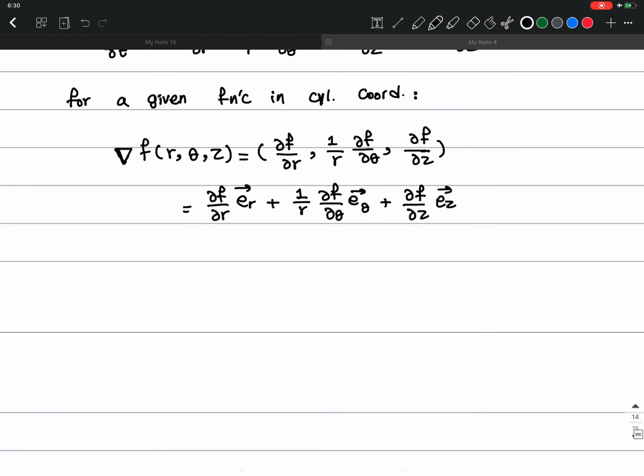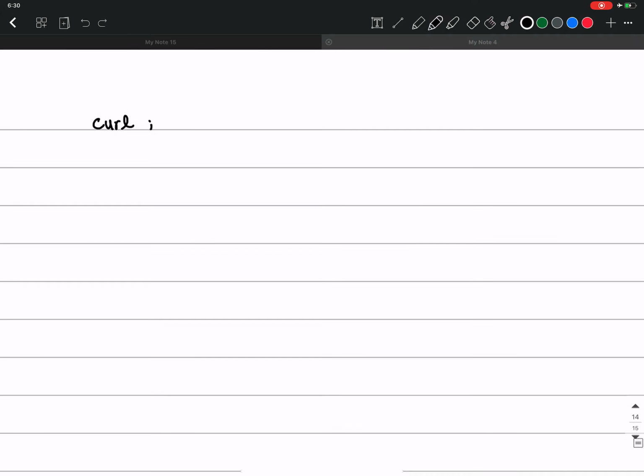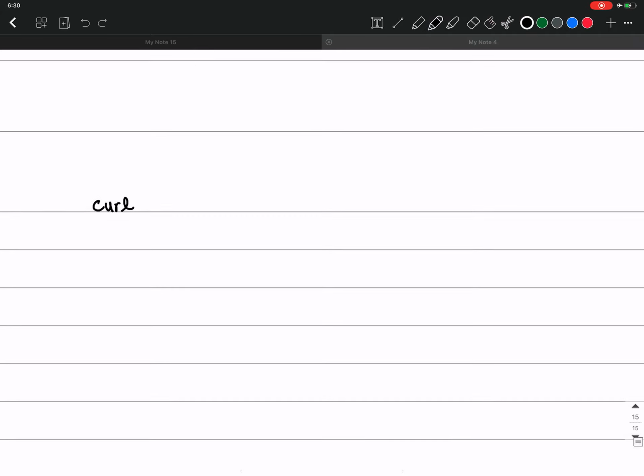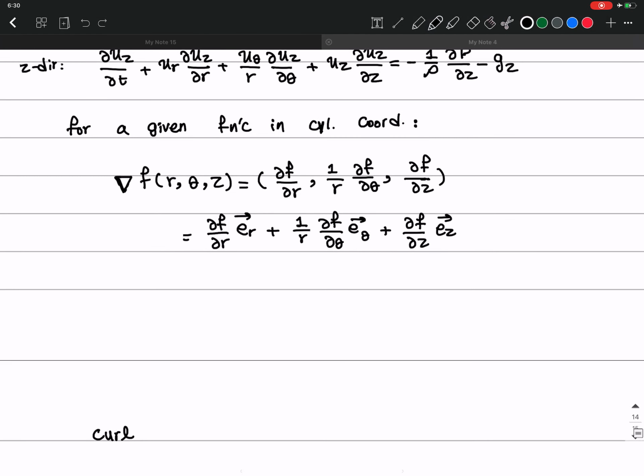Okay, so this is another important thing that we need to know in cylindrical coordinate if you want to use radial and tangential velocity. Also, curl operator. So this was grad operator.